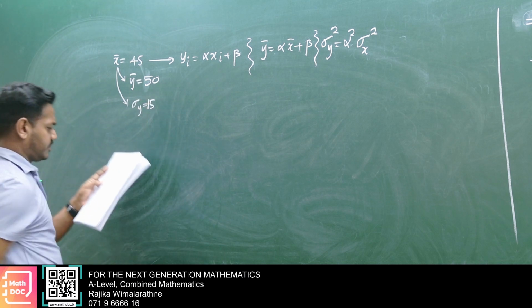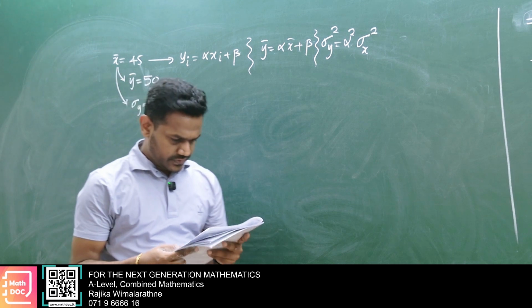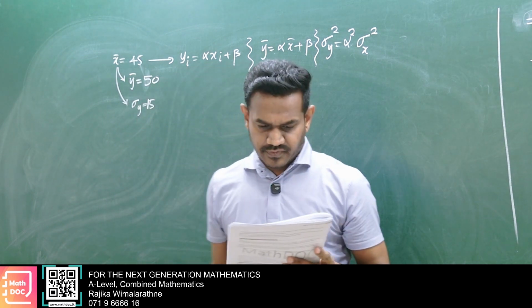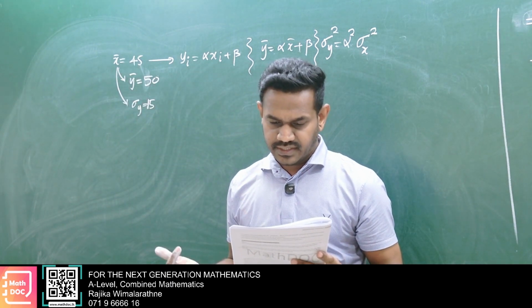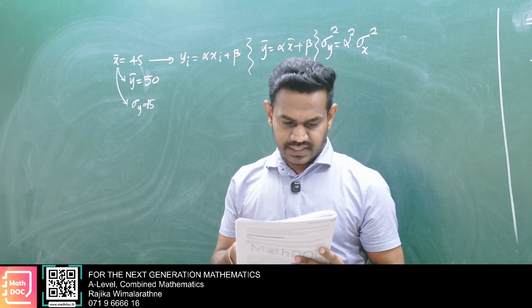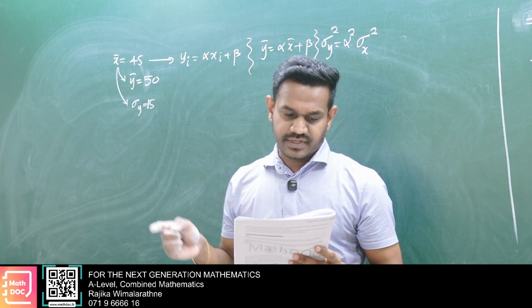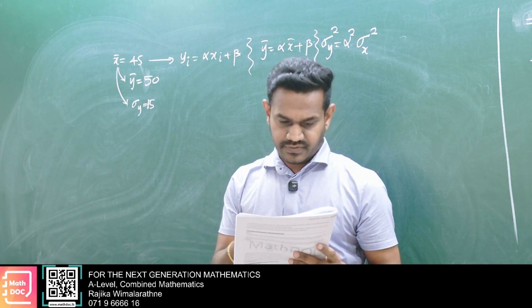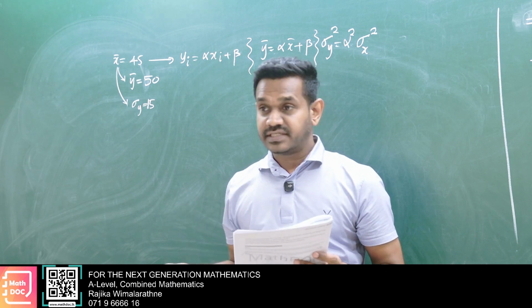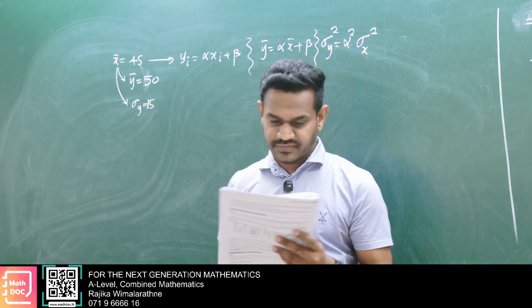The mean marks obtained, 45, is the original one, and these marks are to be scaled linearly.